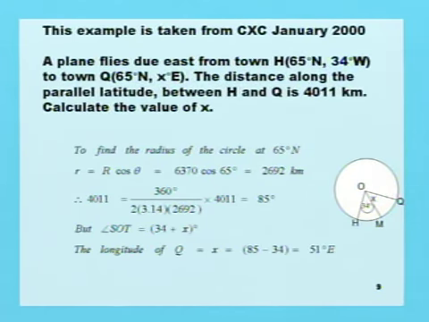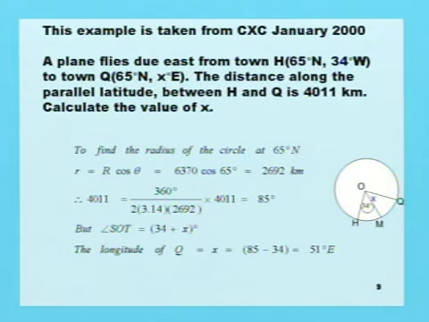This example is taken from CXC January 2000. A plane flies due east from town H, 65 degrees north, 34 degrees west, to town Q, 65 degrees north, x degrees east.